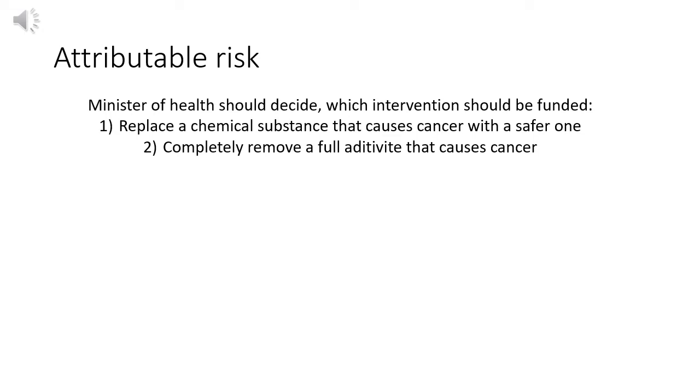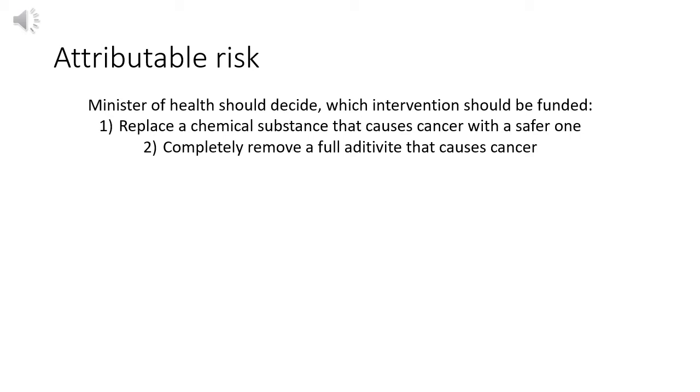The first intervention would be to replace a chemical substance that causes cancer with a safer one. The second intervention would be to completely remove a full additive that causes cancer. To do this on the nationwide population level would be very expensive. The budget is constrained and he can choose only one intervention. Which one will it be?